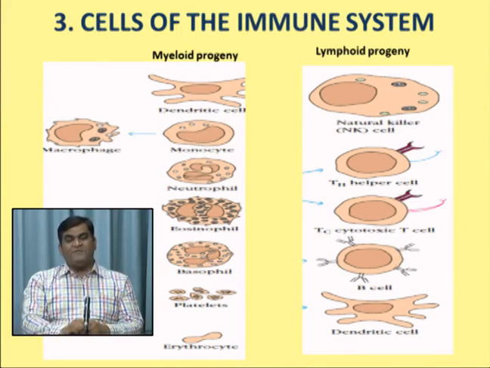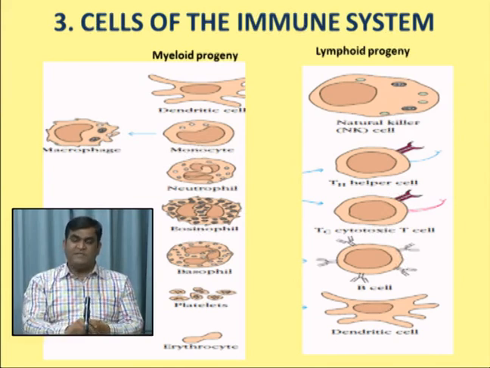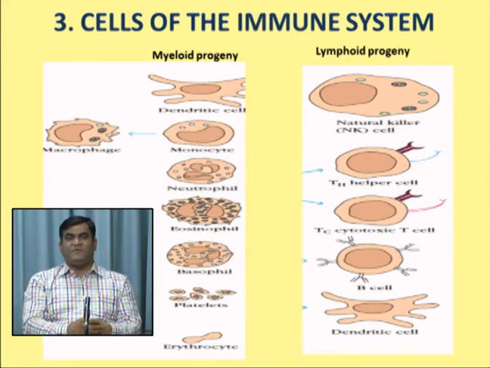The lymphoid lineage will give rise to B lymphocytes, which will produce antibodies. They will give rise to T helper cells that will produce cytokines. They can give rise to TC cells or cytotoxic T cells. The job of the cytotoxic T lymphocytes is to specifically kill the altered self cells.